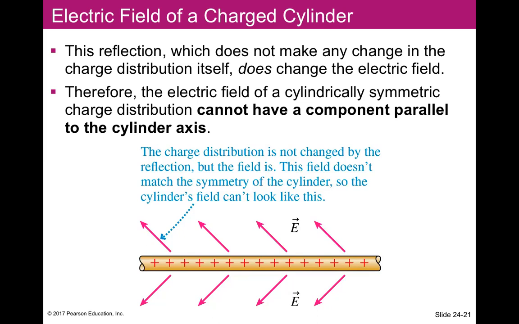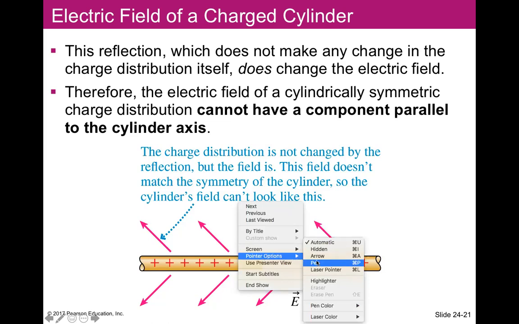So that means, therefore, the electric field of a cylindrically symmetric charge distribution cannot have a component parallel to the cylinder axis. So if there's no parallel component, then what direction should the electric field be pointing?